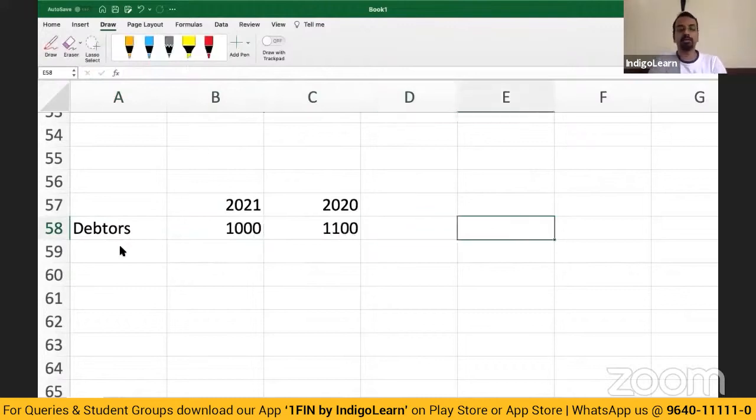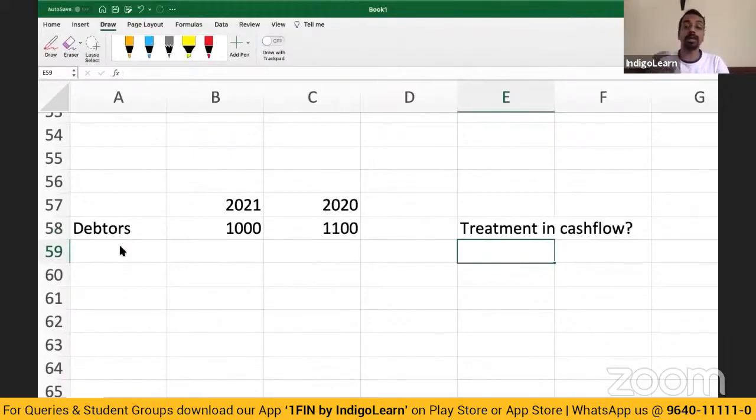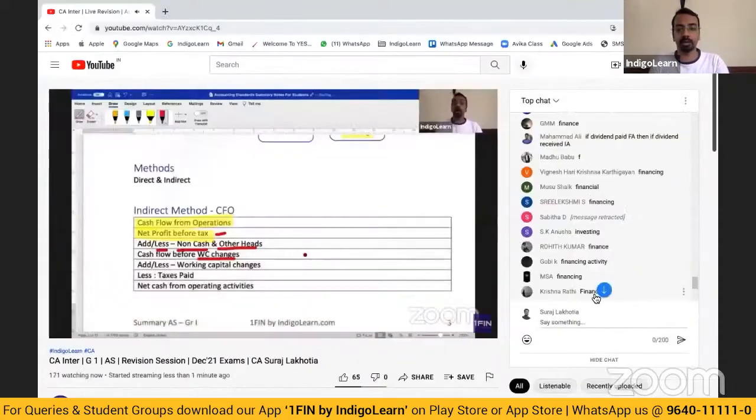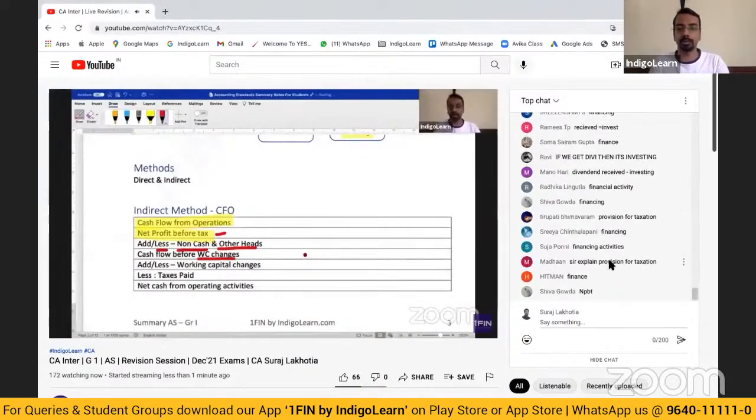Now, what should we do in the cash flow? Should we add or should we reduce while preparing cash flow from operations? Let us see how many of you are perfect in this.